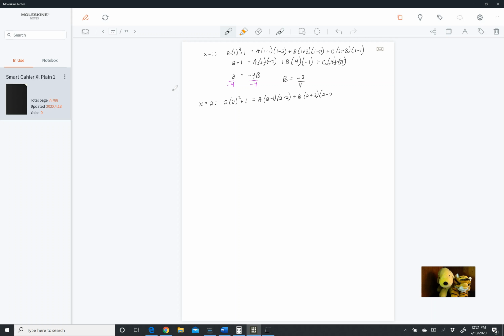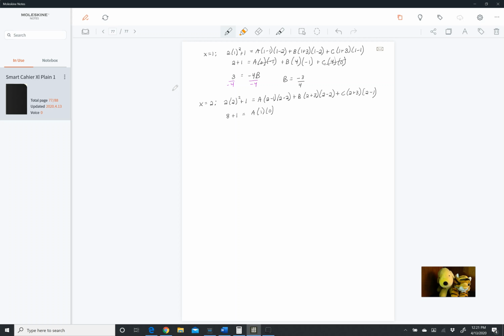Times 2 minus 2, plus C times 2 plus 3 times 2 minus 1. So 2 squared is 4. So 2 squared times 2 is 8. So we have 8 plus 1 here equals A times 1 times 0.